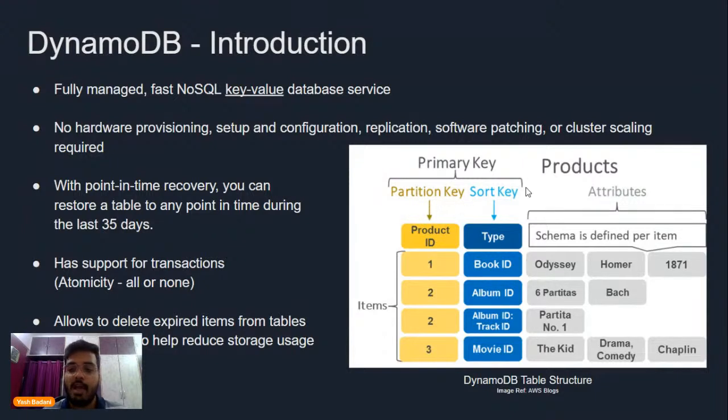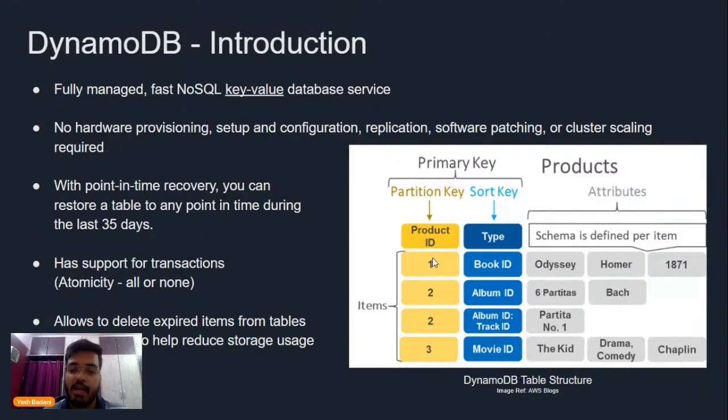Okay, and apart from these, any other column that I have is an attribute, right? And each row within my DynamoDB table is called an item. So in this case, let's say I have a partition key and sort key, which is my primary key. I always need to have a unique combination.